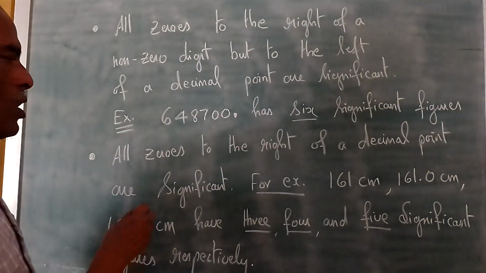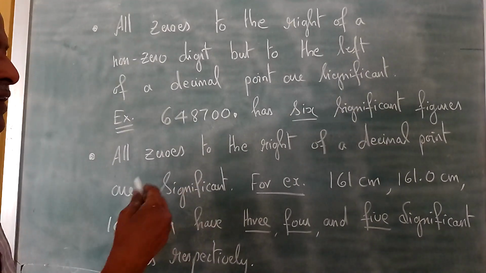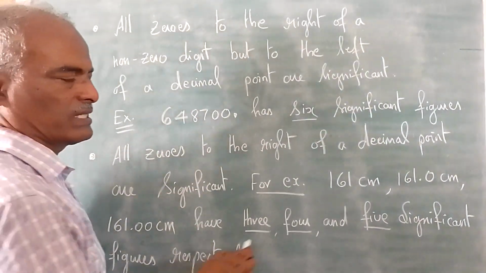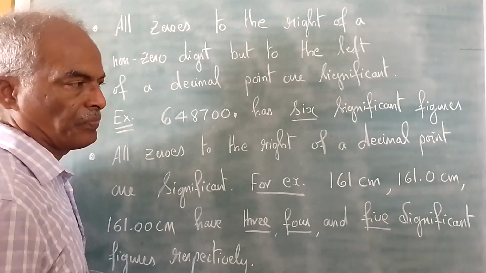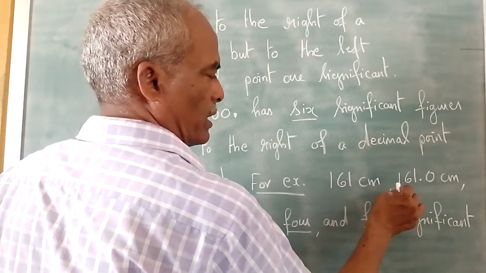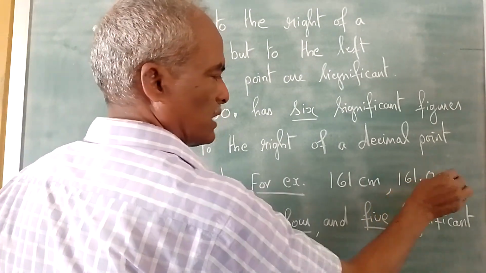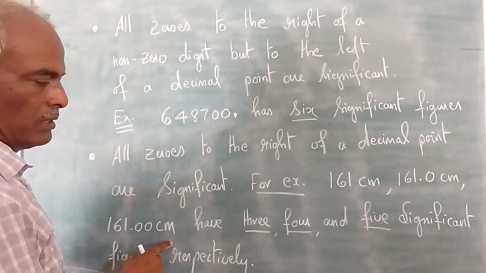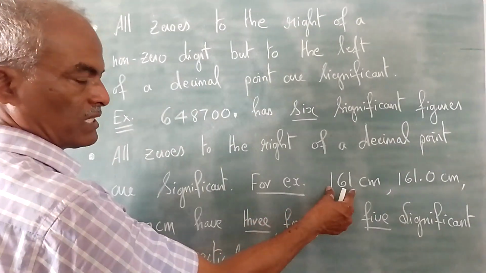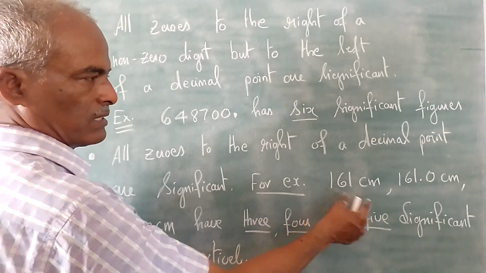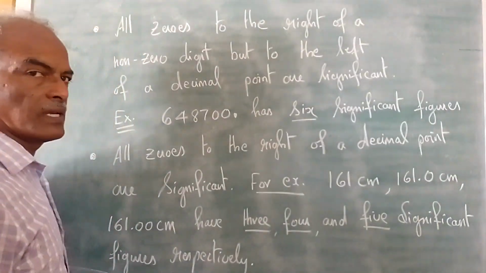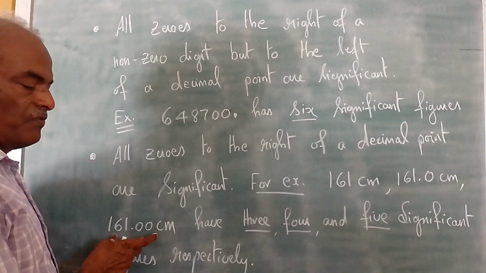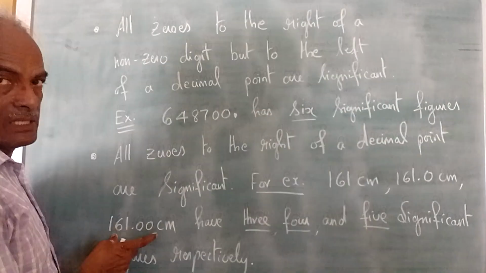Next point. All zeros to the right of a decimal point are significant. For example, 161 centimeter, 161.0 centimeter and 161.00 centimeter. This has 3 significant figures, this will have 4 significant figures, and this will have 5 significant figures.